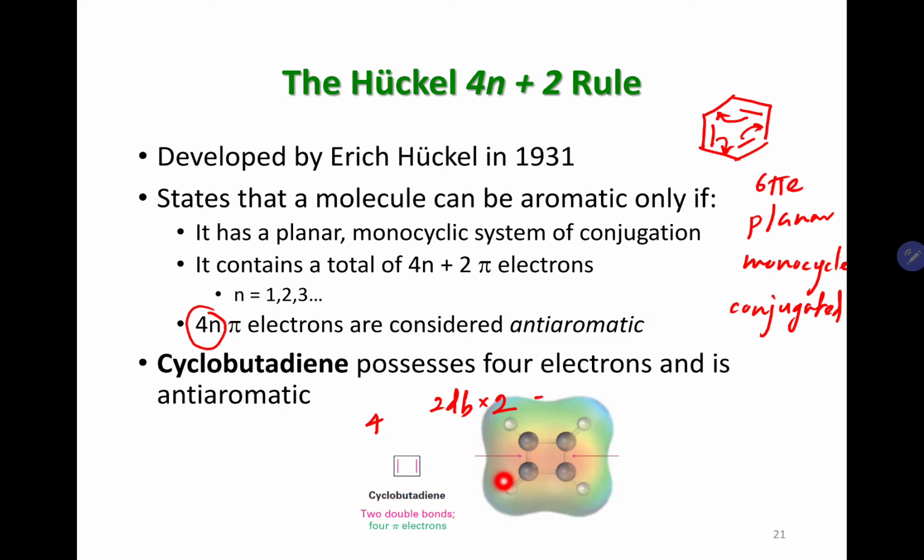So multiply by 2, you have 4 pi electrons. So it fits 4n and not 4n+2. 4 pi electrons is a solution for 4n. Therefore, cyclobutadiene is considered anti-aromatic.